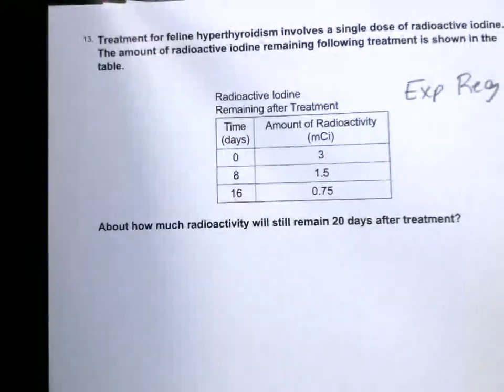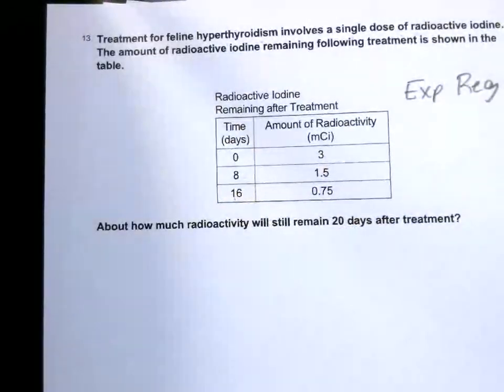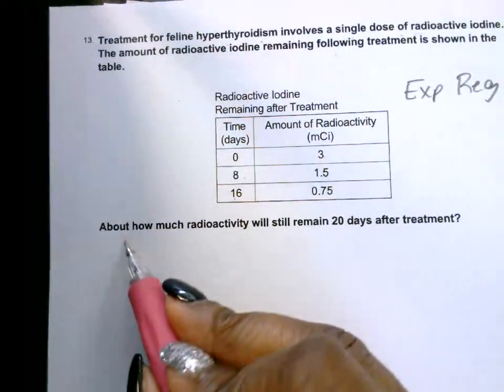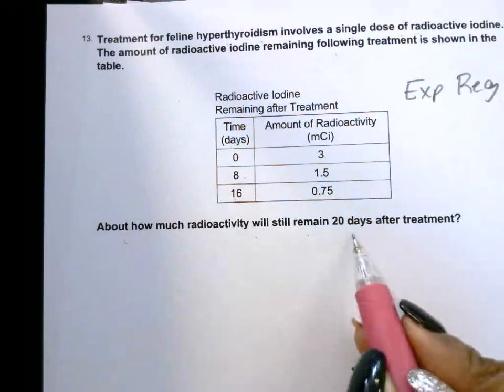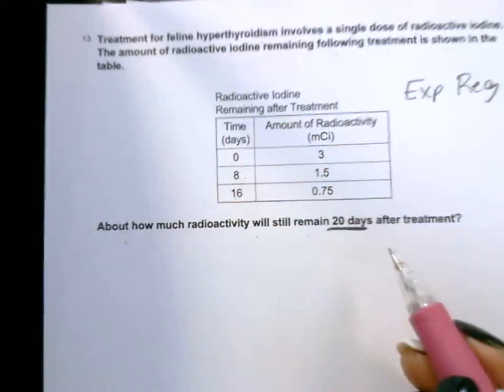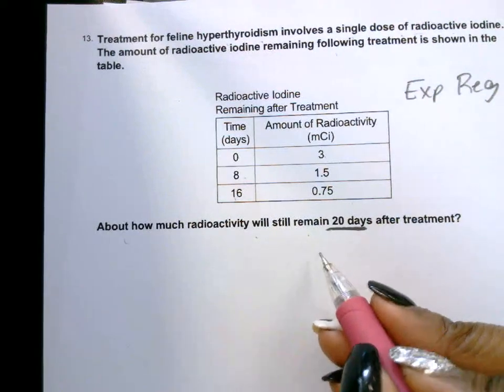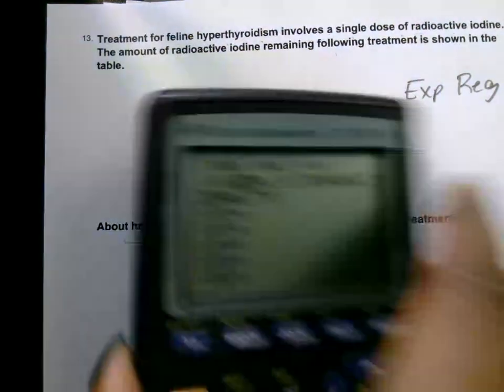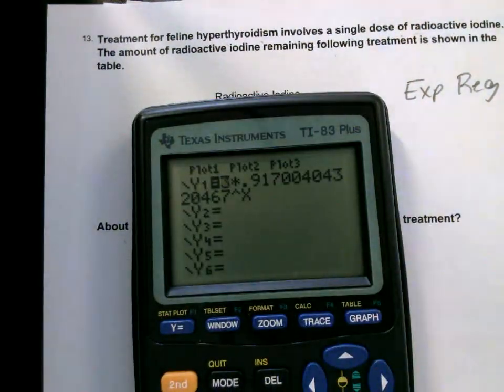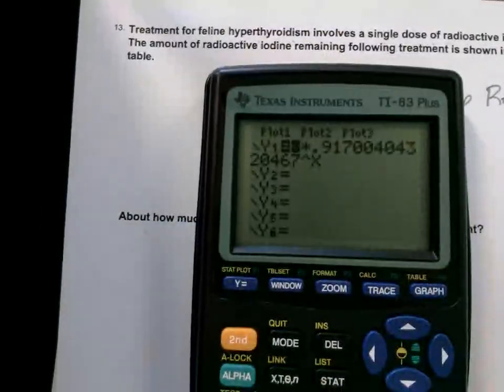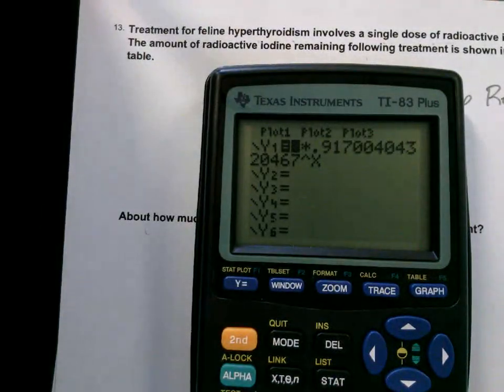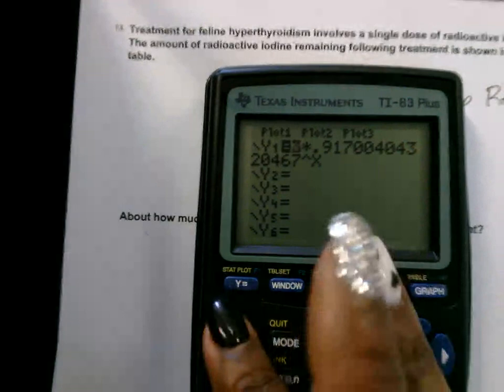We've got our equation. They're asking you for how much radioactivity still remains after 20 days. So now we can look at our function table. What buttons do we press to go to the function table? Second table.